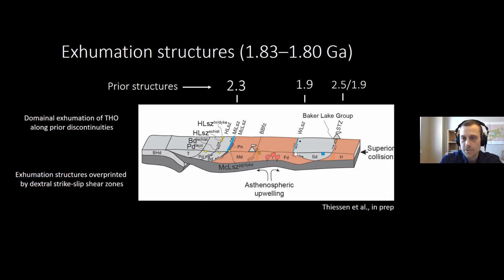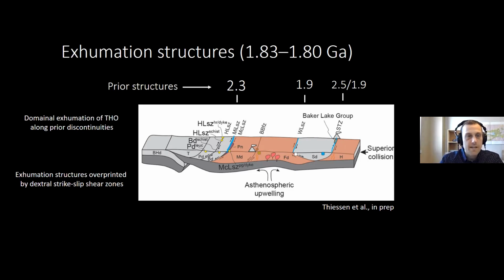Also the Hoidas Lake shear zone on the east and the Snowbird Tectonic zone, even farther east, are also very important structures that were reactivated and helped exhume the mid to lower crust of the Trans-Hudson.